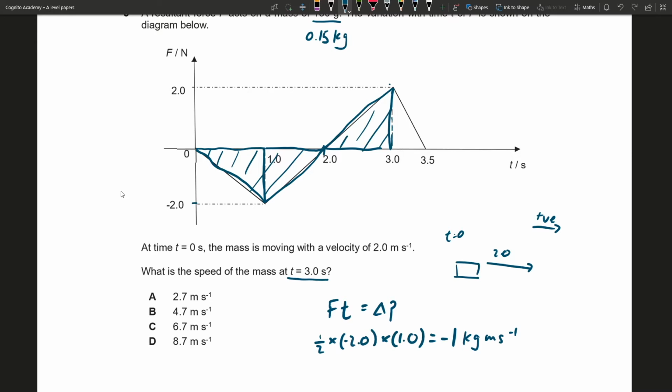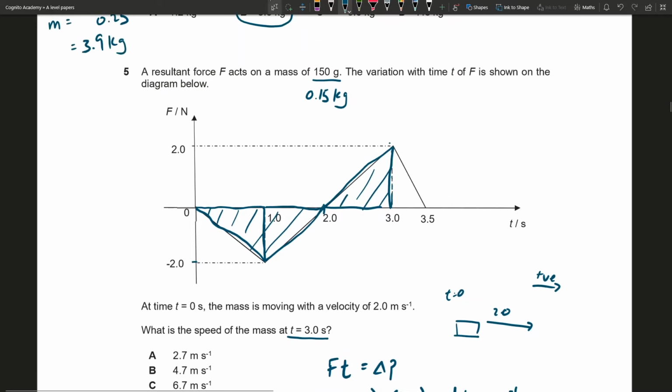change in momentum. But remember that we are looking for the final velocity, which needs the change in velocity, and the change in velocity is equal to our change in momentum, 1 kg meter per second, divided by our mass.